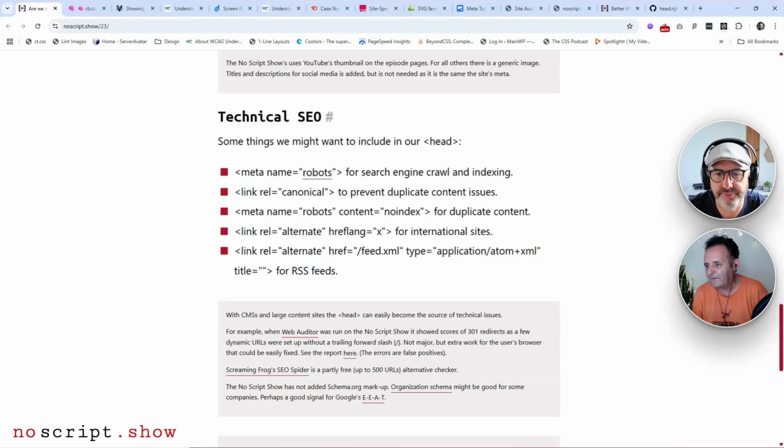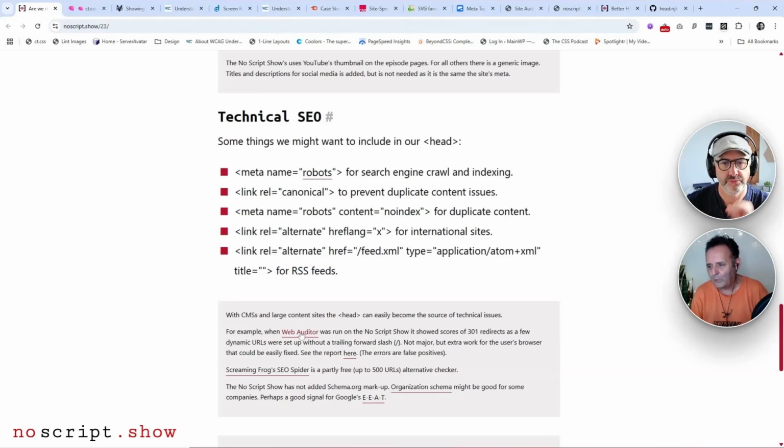Okay. And finally, there's the other one that we needed to put in, which is again a link rel alternate, leading to your feed pages, if you've got RSS feeds, which we do. There was something interesting from the technical SEO side of things, and I did a test. I used a web auditor, which was a deal I got ages back because it's quite expensive.